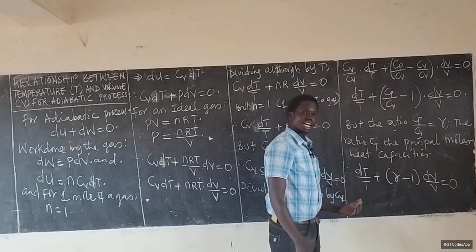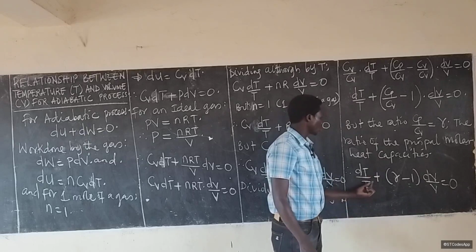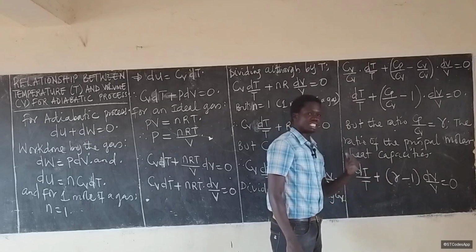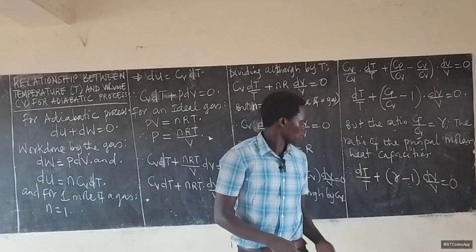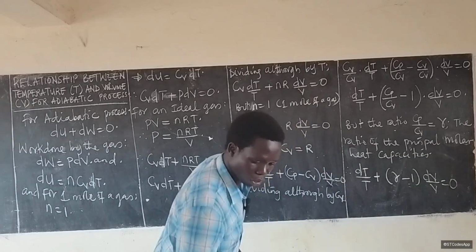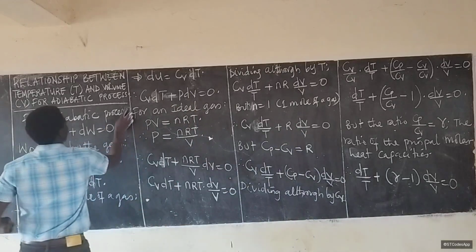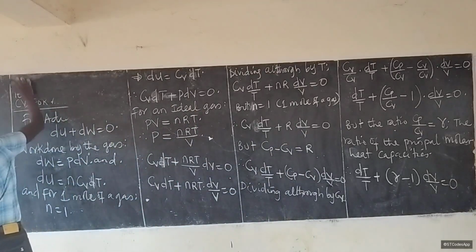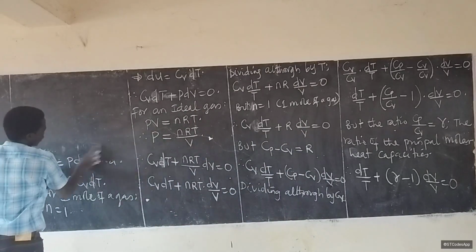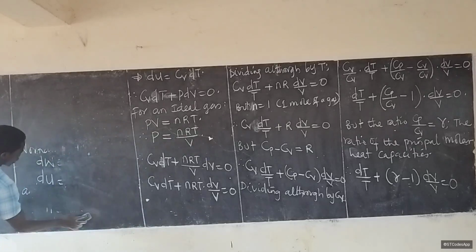So in this case, I can go ahead and integrate this. I apply the integral on all the sides of that equation. So let's wait and see what comes out of it.